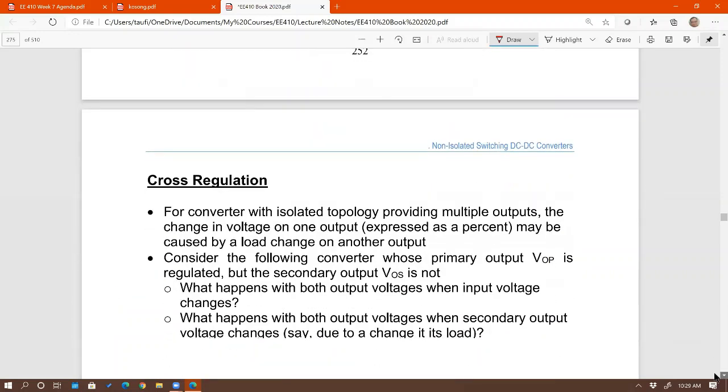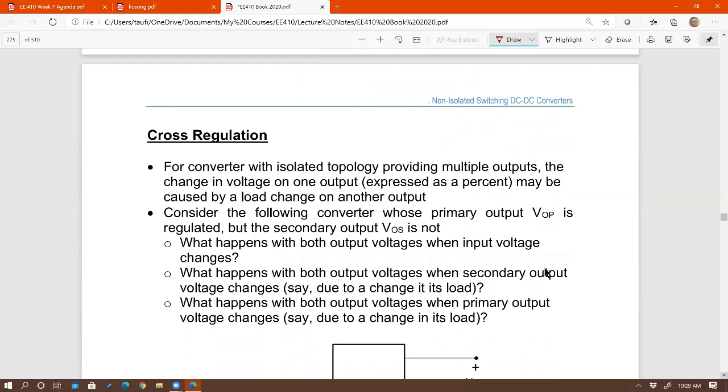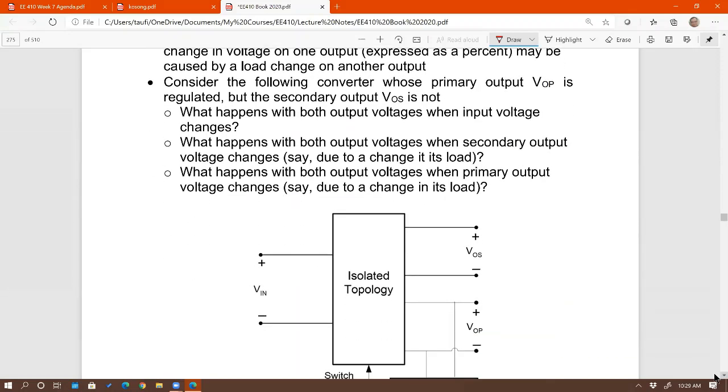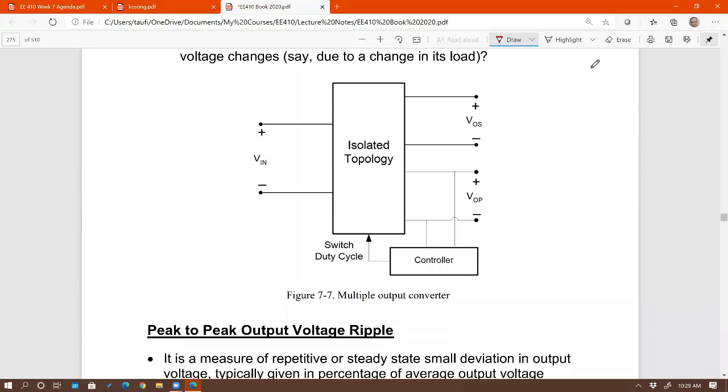Okay, next, cross-regulation. Any question before I move on to cross-regulation? No? All right. The next one is cross-regulation. This only occurs when you have a transformer in the converter. So this relates to the next chapter where you use a transformer in the converter, right? I have the explanation up there, but I'm just going to explain it based on this diagram, right?